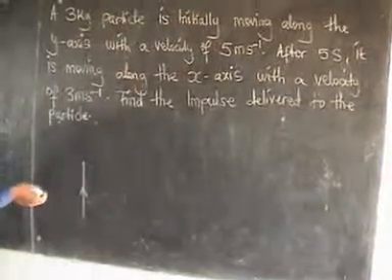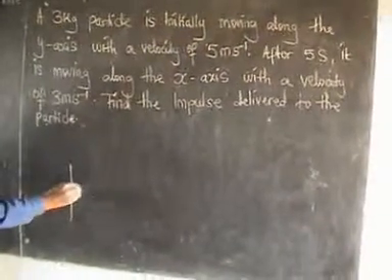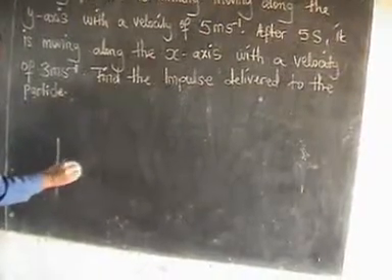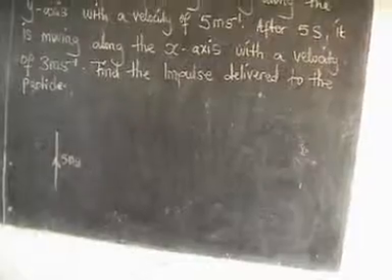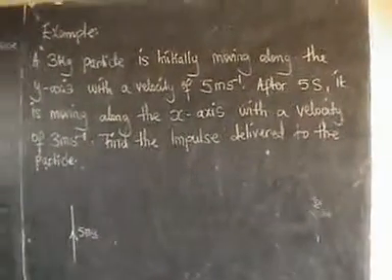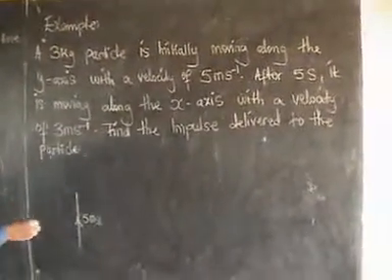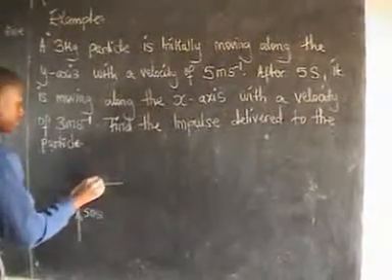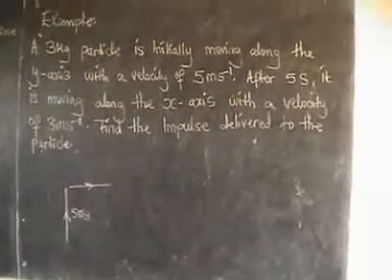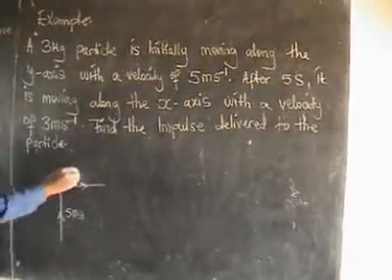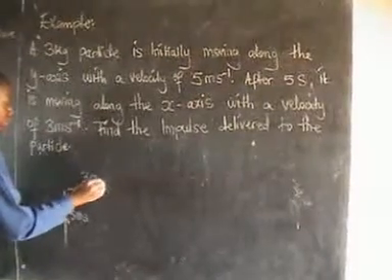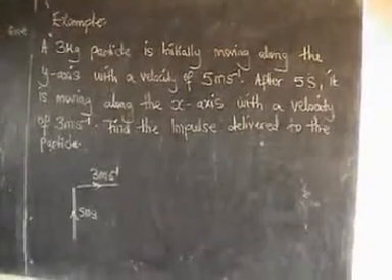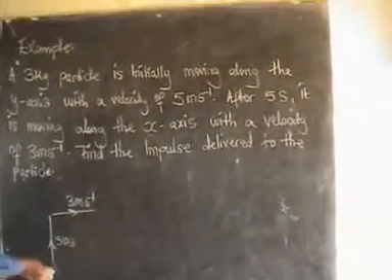Our particle is of mass 3 kilograms, moving with a velocity of 5 meters per second. Then after 5 seconds, it is moving along the x-axis with a velocity of 3 meters per second. Now find the impulse delivered to the particle.